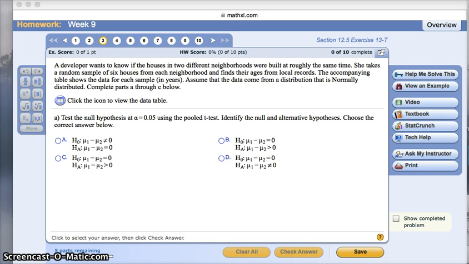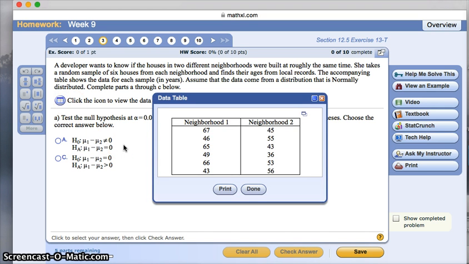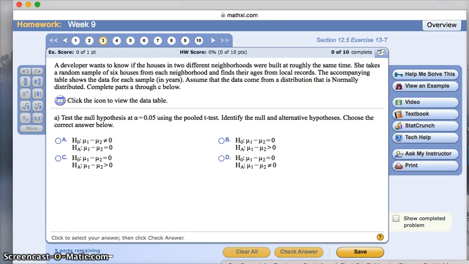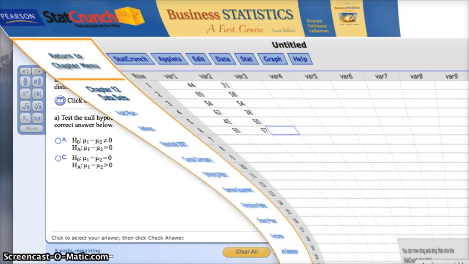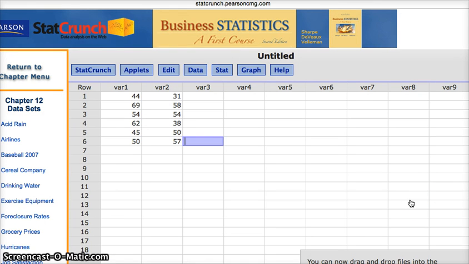So let's look at our data, and then we can decide whether we need to reject our null hypothesis or not. We can look at our data here for neighborhood 1 and neighborhood 2, but we're going to let StatCrunch do this for us, and I've already copied and pasted that, so let me pull that up. Here's our StatCrunch, and there are the two neighborhoods as variable 1 and variable 2.